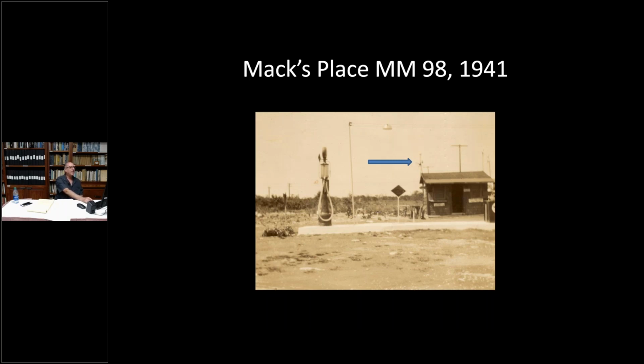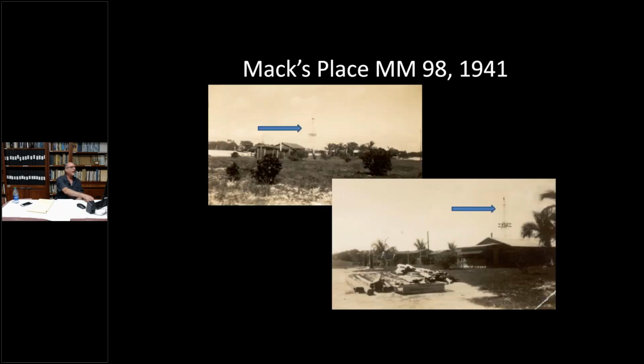Now this is, again, Mack's place, a place to get gas, to buy fishing supplies and rent boats. I have the arrow pointing to something that looks like nothing at the moment, but it's a tall, kind of an attractant. It's a big antenna, and as you'll see when it zooms in closer, it's advertising Mack's.